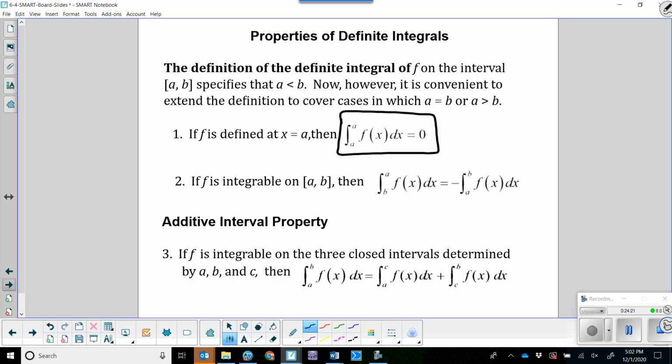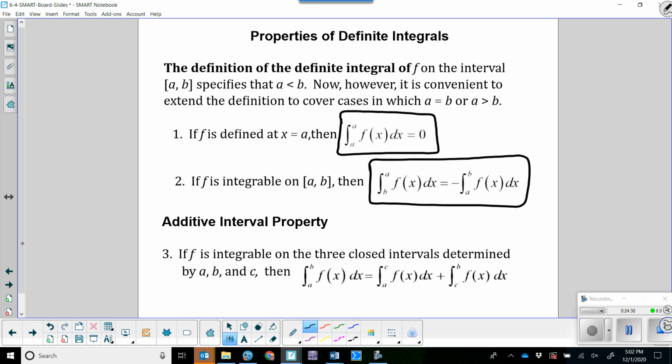So if I integrate in the same spot. This is another super important one right here, and that is if I'm integrating from b to a of f of x dx, that's the same as the opposite of the answer integrating from a to b, and that's important there.